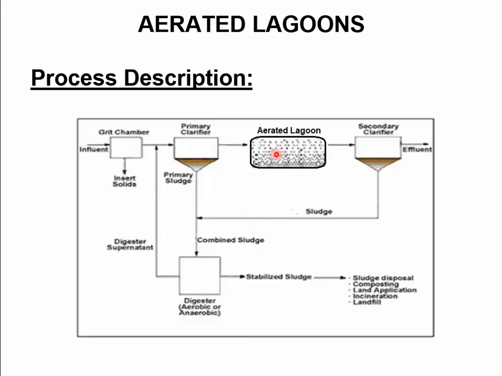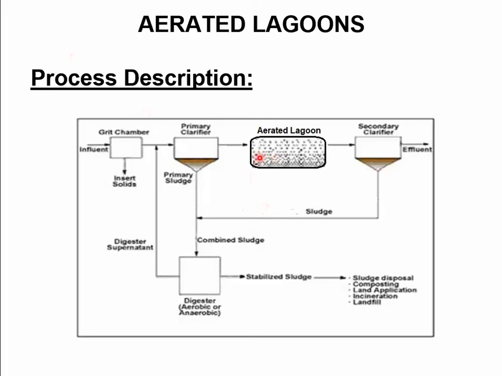More time means larger area or larger volume of the reactor would be required. So this is the major difference between an aerated lagoon and an activated sludge process. Rest, it's almost the same. It is preceded by a primary clarifier and followed by a secondary clarifier.